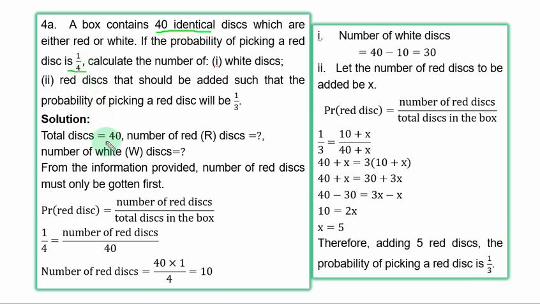Total discs are 40. Number of red discs unknown. Number of white discs, they are unknown as well.